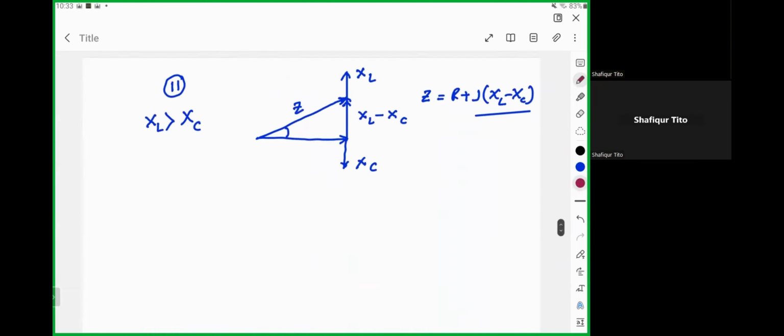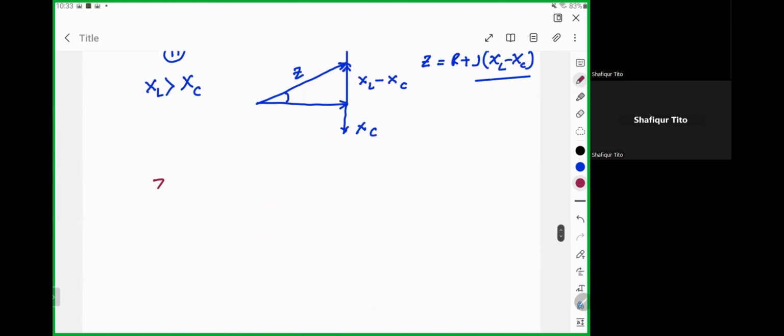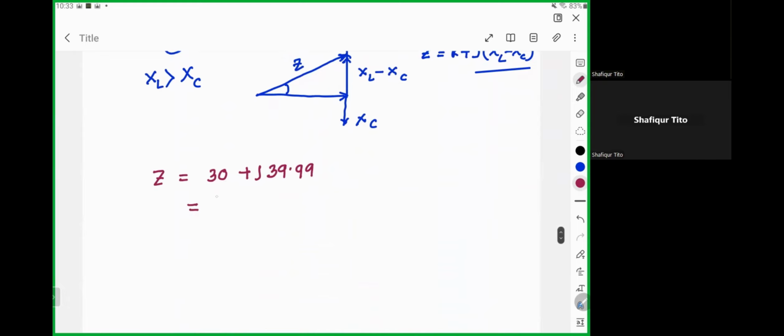So if I write my impedance, Z is 30 ohm plus J of 39.99. So you can convert this to polar form to do further calculation. Can you do this polar form? What is the value?